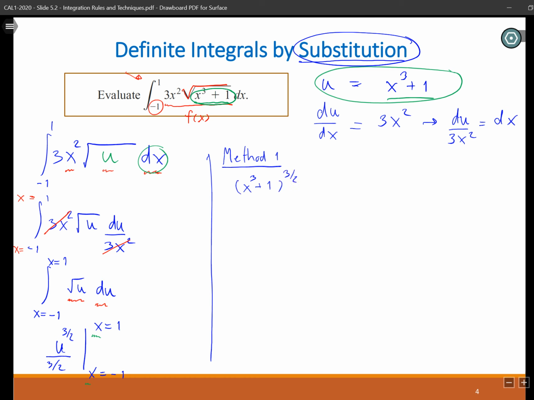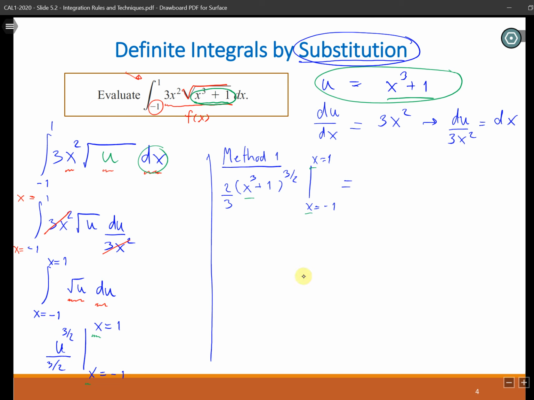We substitute back, and I'm going to put 2 over 3 right here, and this has to be evaluated at x equal to minus 1 and x equal to 1. Now, no problem, because this is x, and this is x.